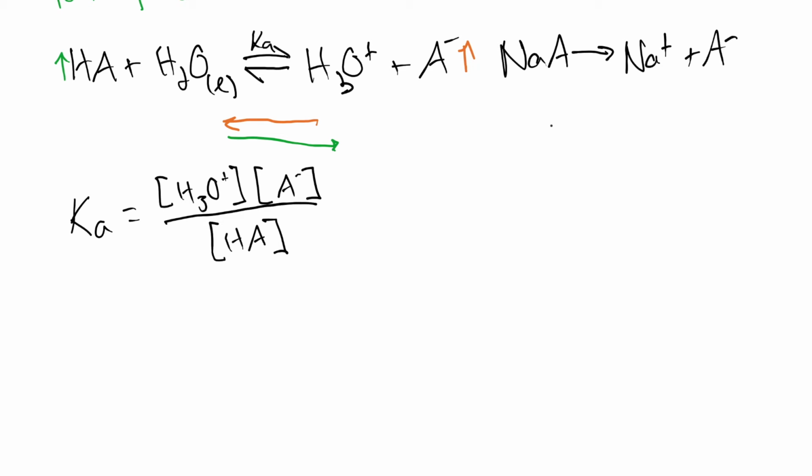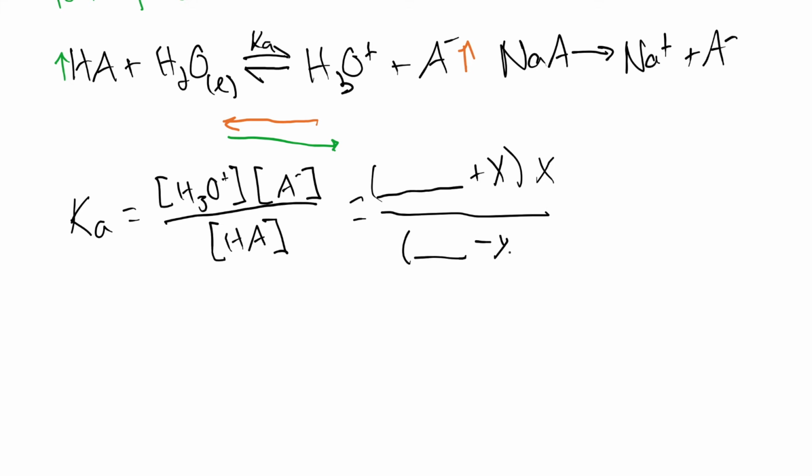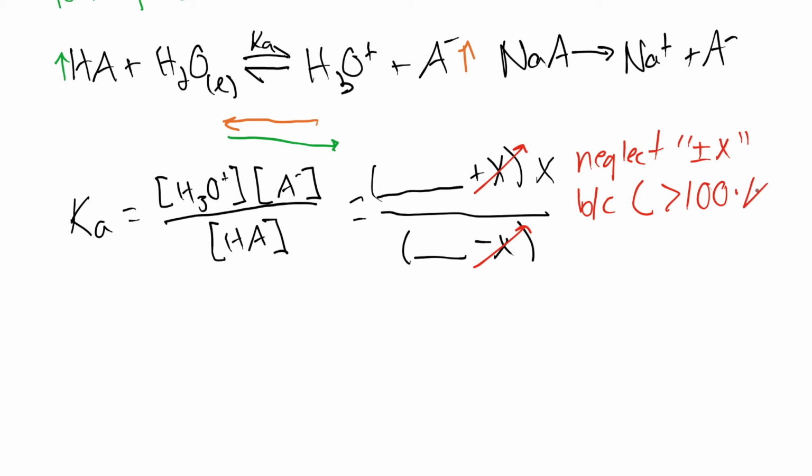I'll tell you why. When we have this, we're going to end up with some concentration plus x, and that'll be times x, and then we'll have some concentration in the denominator, and that'll be minus x. Actually, we'll be able to neglect this plus x and this minus x, because these two concentrations are going to be 100 times greater than the Ka.